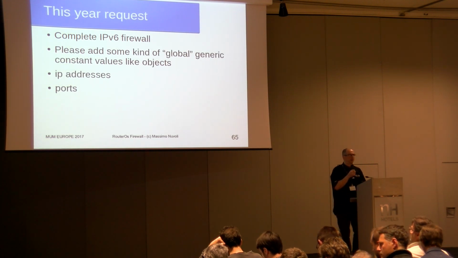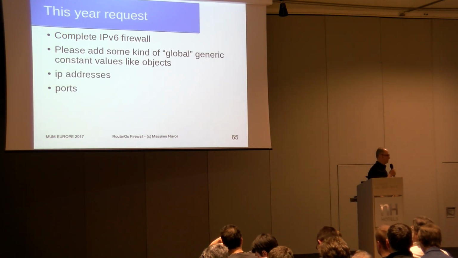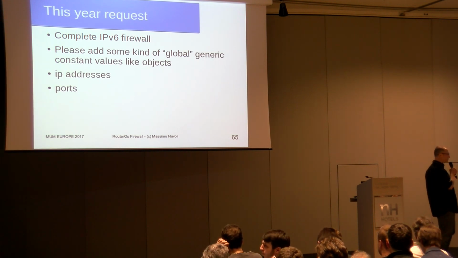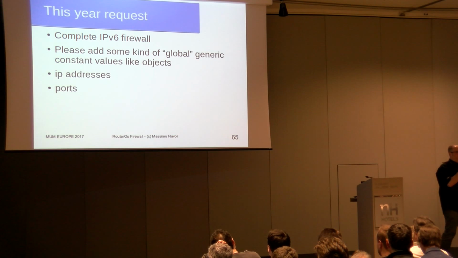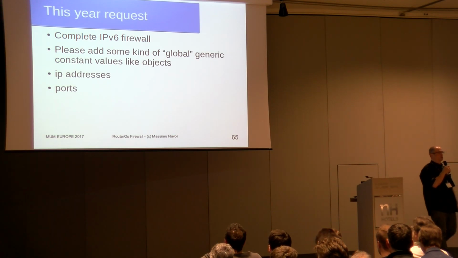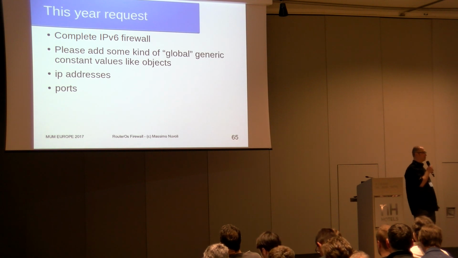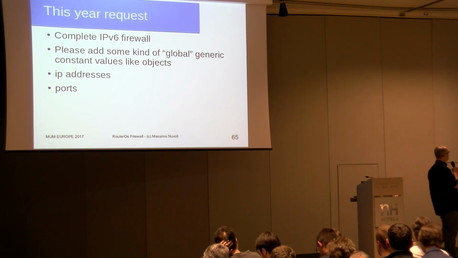Then, for this year, I have a request. The last year was good, so this year I try to ask again. I need a complete IPv4 firewall because there are some functions missing, policy routing and other things.